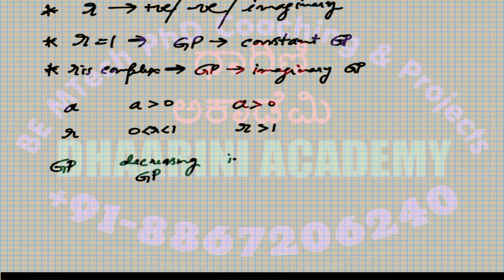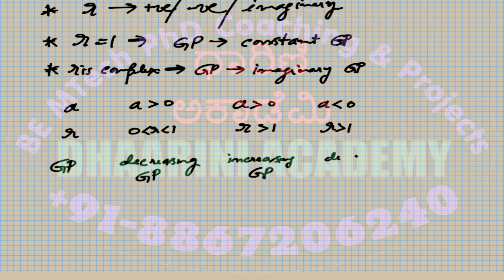So this is said to be an increasing GP. Then let us say A is less than 0 and R is greater than 1. So a smaller value is getting multiplied by a greater term, so terms will keep on reducing. So this is said to be decreasing.